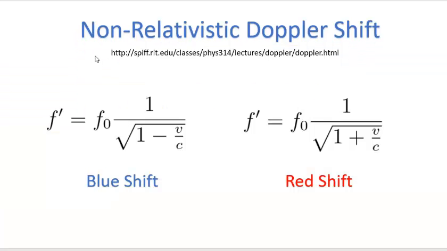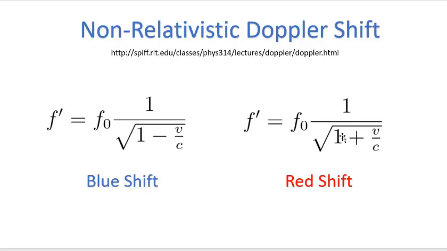And so there are two non-relativistic Doppler shifts. One is for blue shift and one is for red shift. When it is minus on the bottom, this is a blue shift, because minus on the bottom is going to increase the frequency, and increased frequency is a blue shift in frequency.